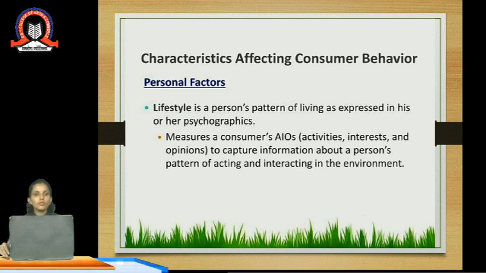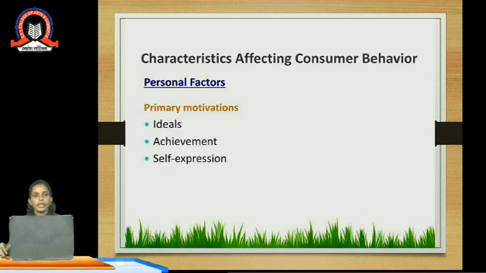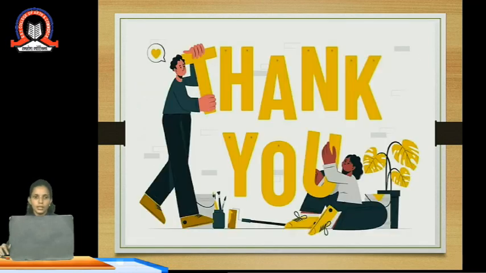The measure of the consumer is AIO, that is activities, interests, and opinions, related to the products, related to the marketer as well as the organization, to capture information about a person's patterns of acting and interacting in the environment. So in personal factors comes primary motivation: the ideal, achievement, and self-expression of the person.